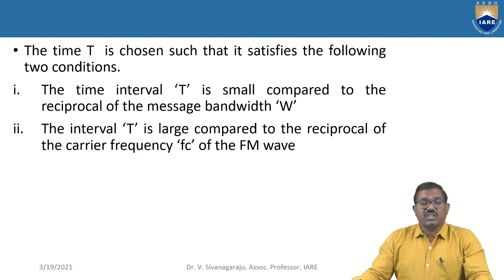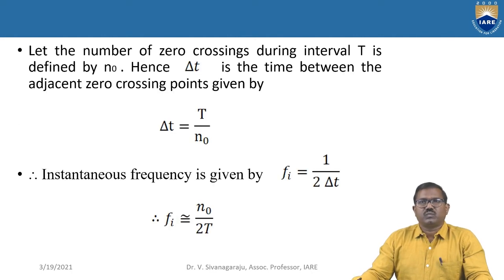So these two conditions we must follow. Let the number of zero crossings during interval t be defined by n naught. Hence, delta t, the time between the adjacent zero crossing points, is given by delta t equal to t by n naught.